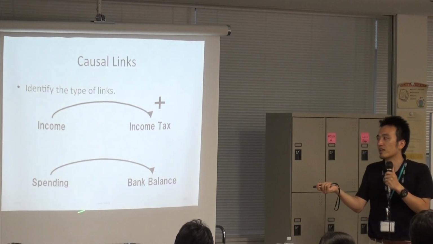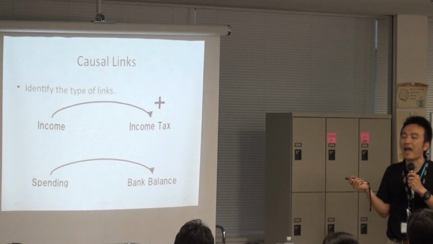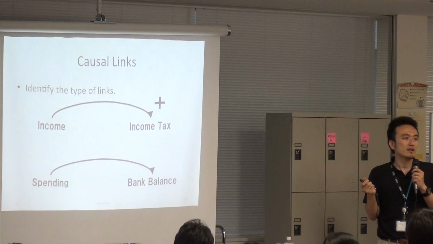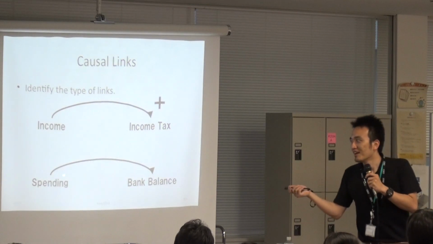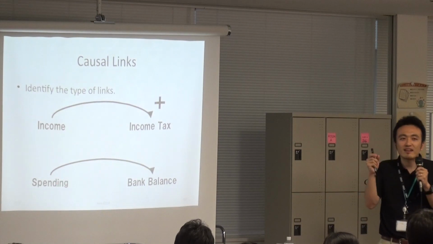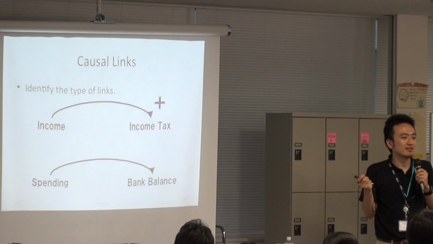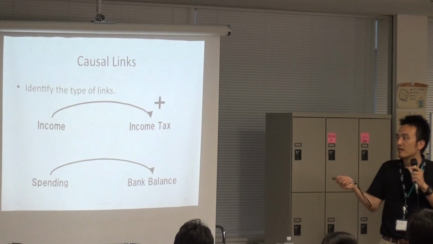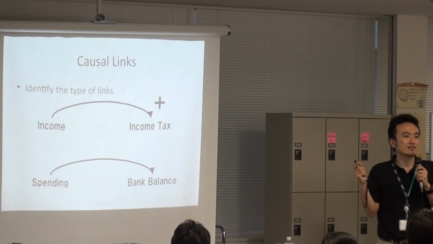Let's take a look at the second one. Spending is a variable, and the bank balance is a second variable. Everything else is still. People are already laughing. Good. Let's say your spending became less. What happens to your bank balance? It goes up. Your spending becomes bigger. What happens to your bank balance?